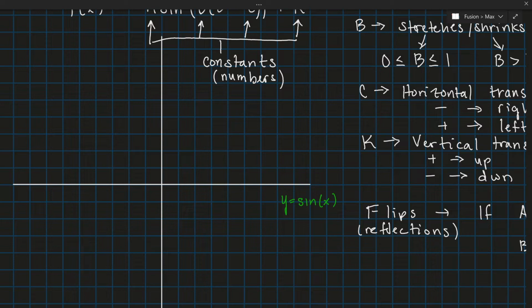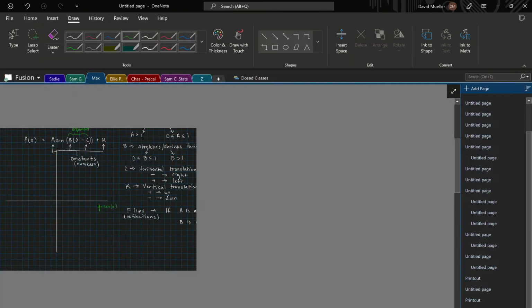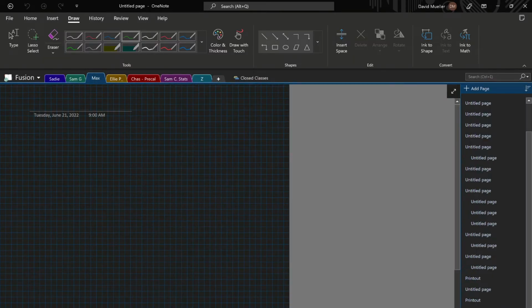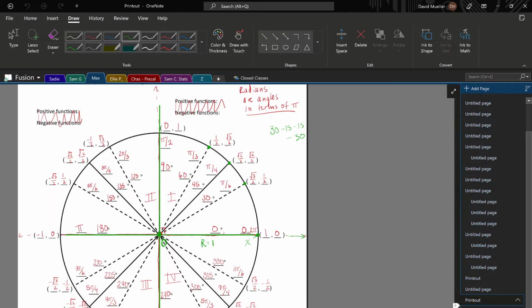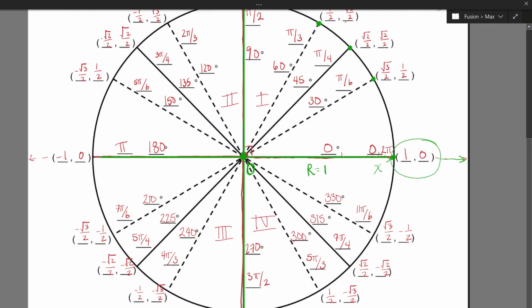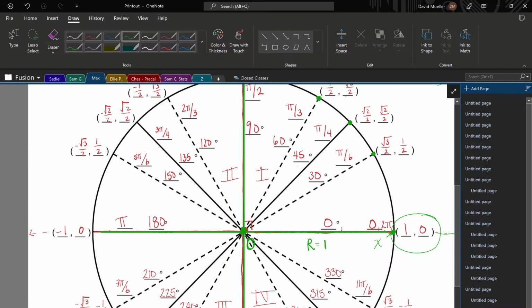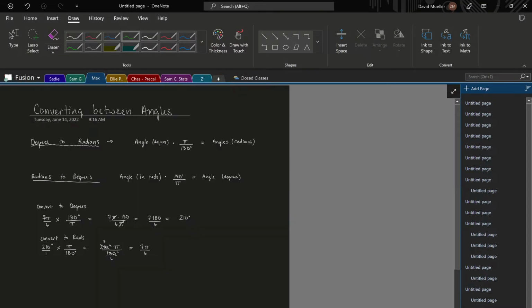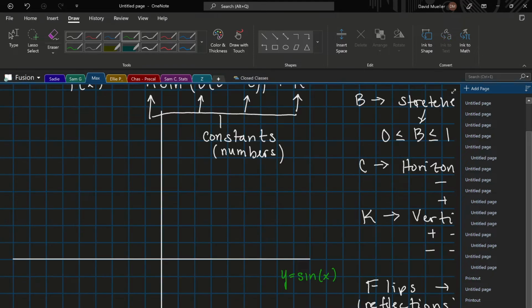Okay, let's look. So here's our unit circle. Our point is 1, 0. Oh, you know what? You did say this. I'm sorry. You're right.